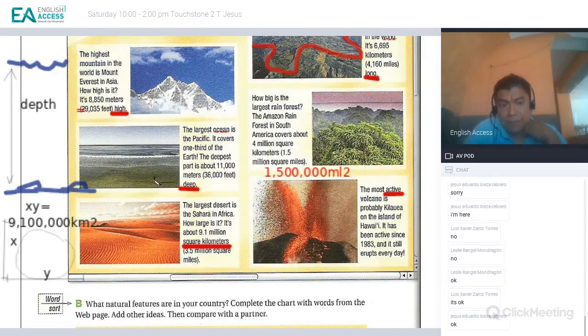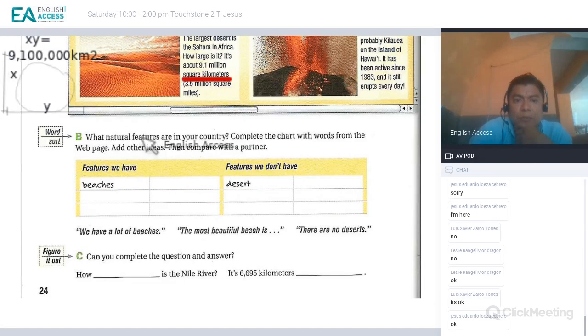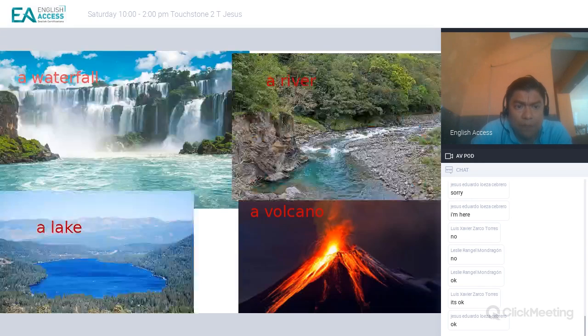Yes? Now here, what natural features are in your country? That is our country of Mexico. Complete the chart with words from the webpage. Add other ideas and then compare with a partner. Features we have and features we don't have. So let's go to the whiteboard.